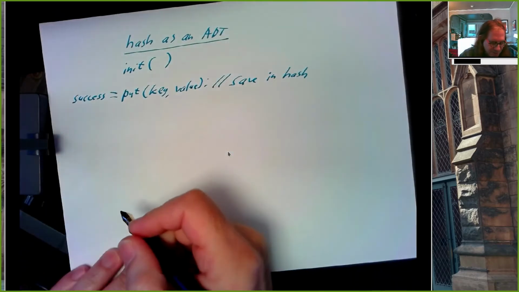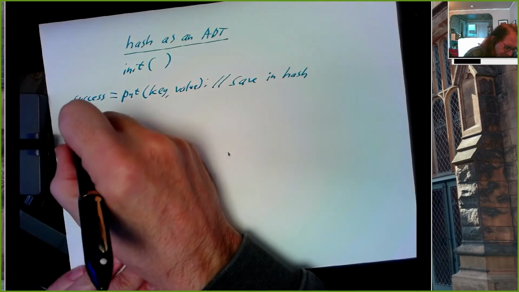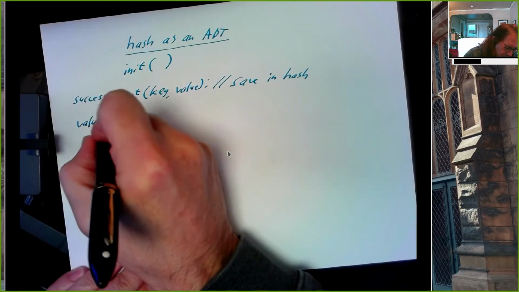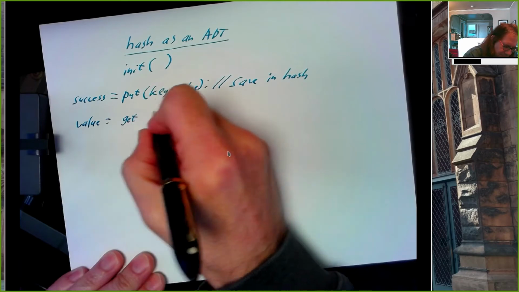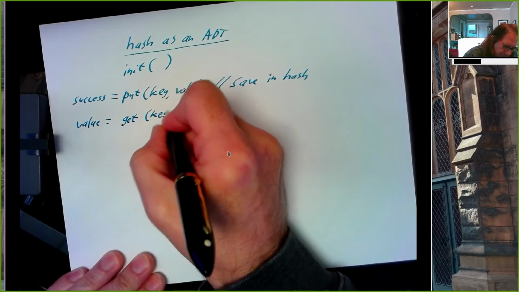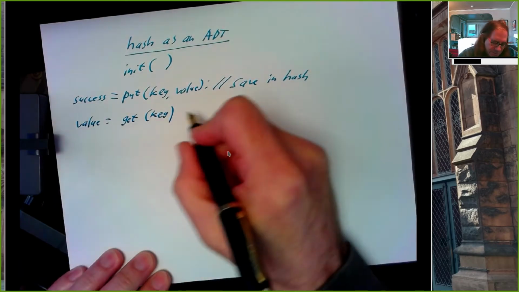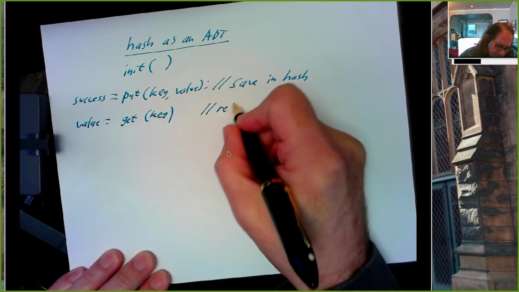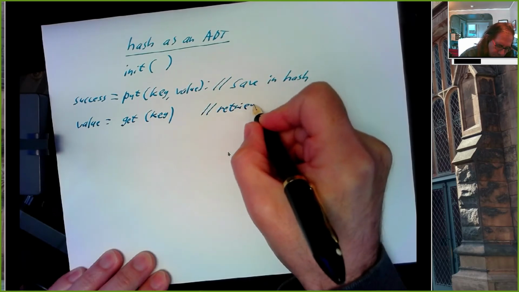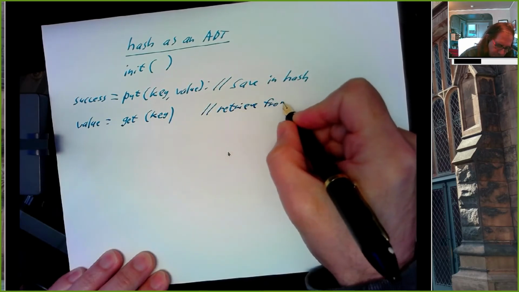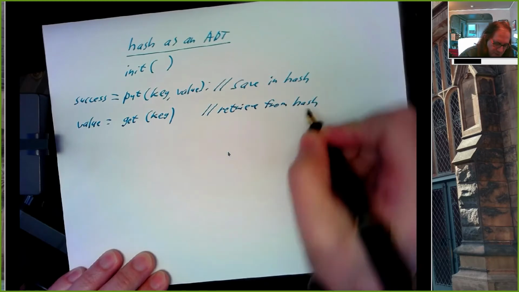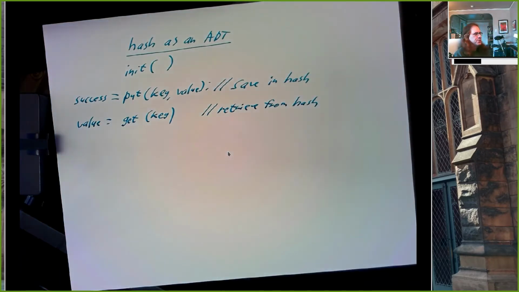So we can store information. We can also get information. And typically we go in with the key and we retrieve the value. Sometimes you want to go in with a value and retrieve a key, and a lot of hash implementations give you support for that.